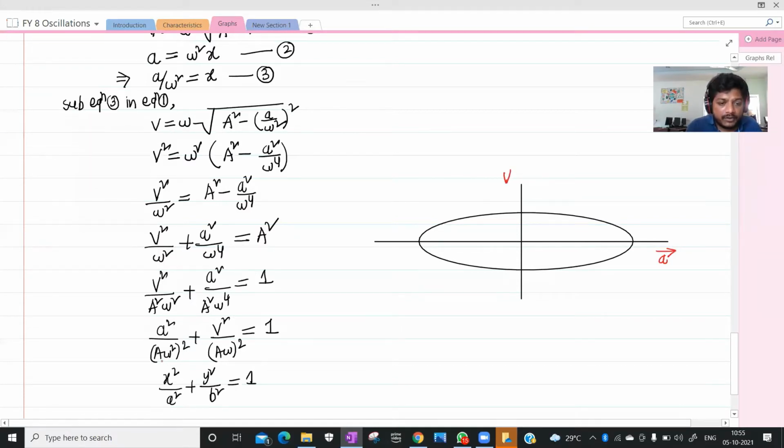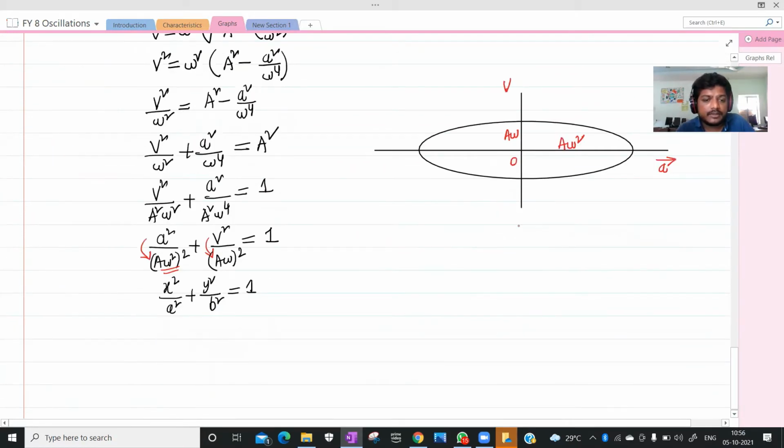So this is a omega square, and this is a omega. This is the x intercept and this is the y intercept. Is it fine?